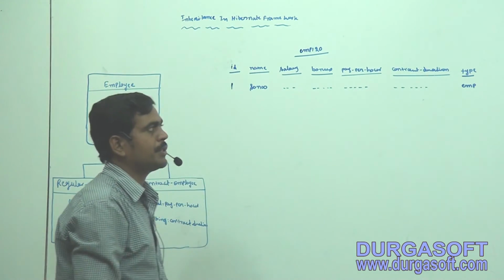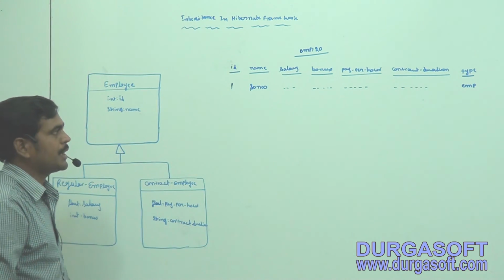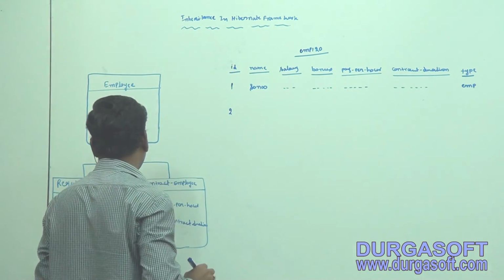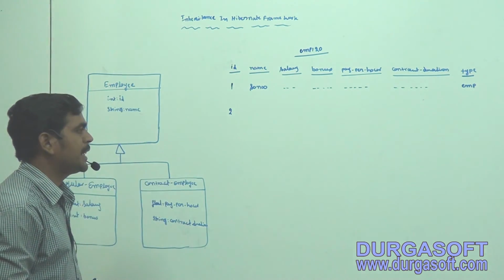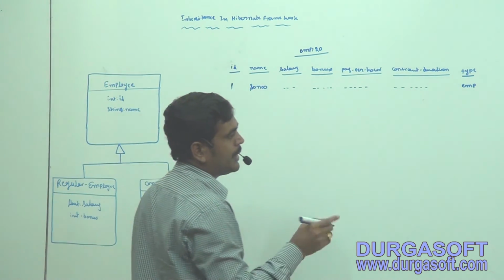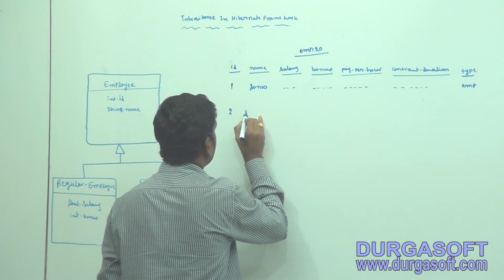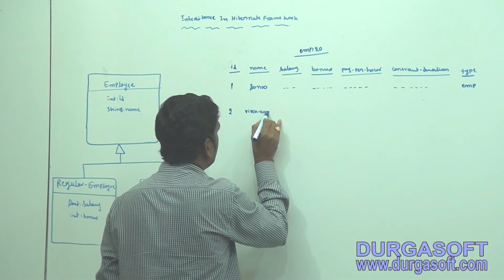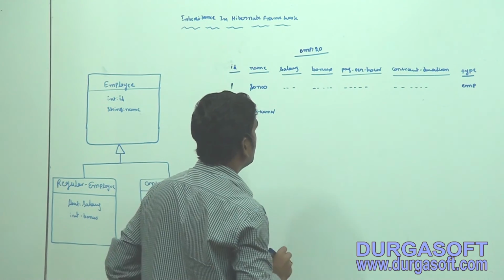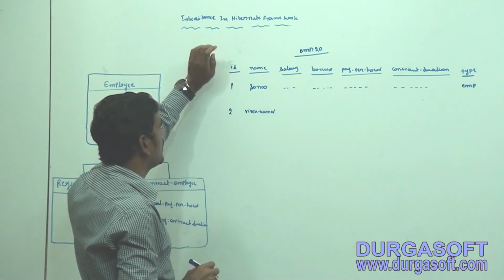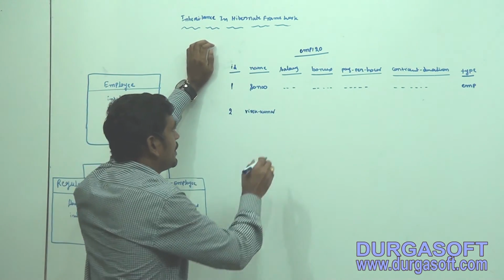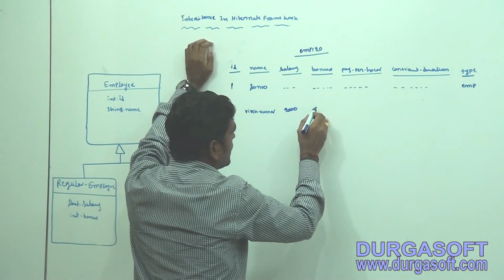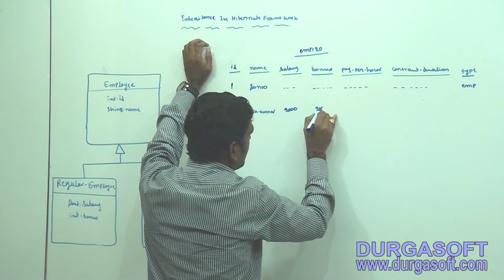It is going to be stored. The next, the regular employee, name is Vivek Kumar. Salary 2000. Bonus 200.